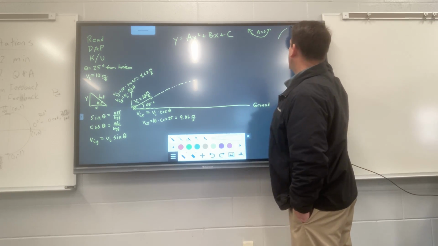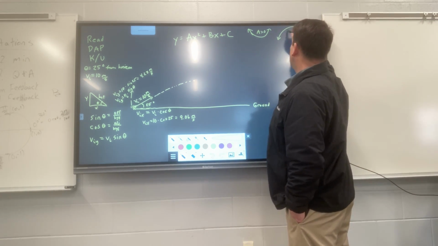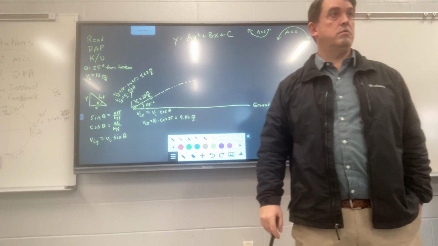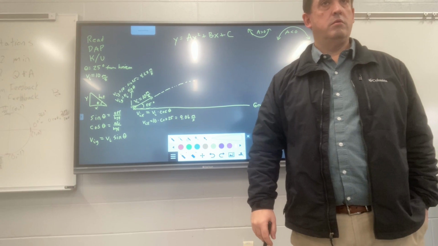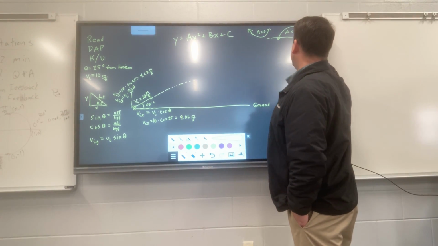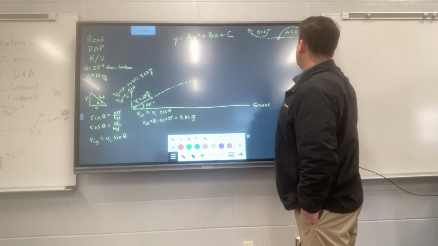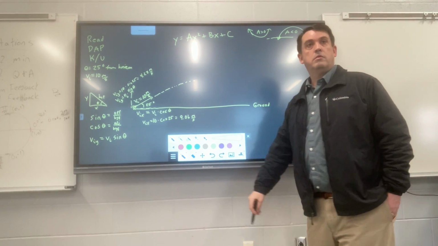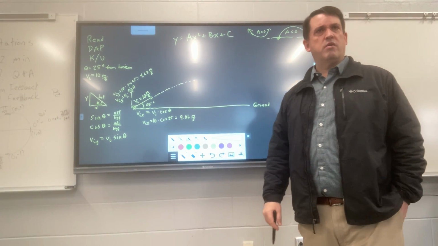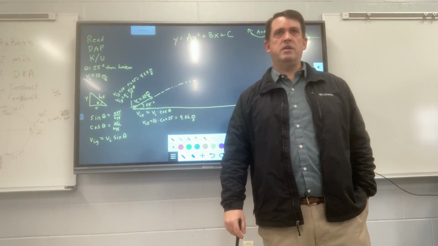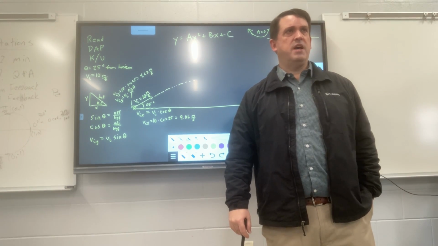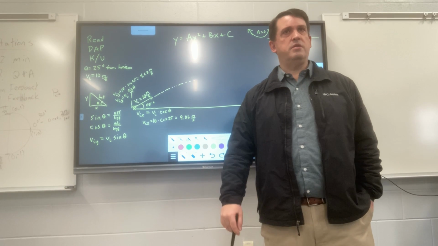If A is less than 0, it's going to go down. Okay? And where it crosses the x-axis, we usually call those our roots. So how many of you covered this in Algebra 1 already? You already talked about parabolas and all that stuff? Been a long time. So this is the practical application of this.